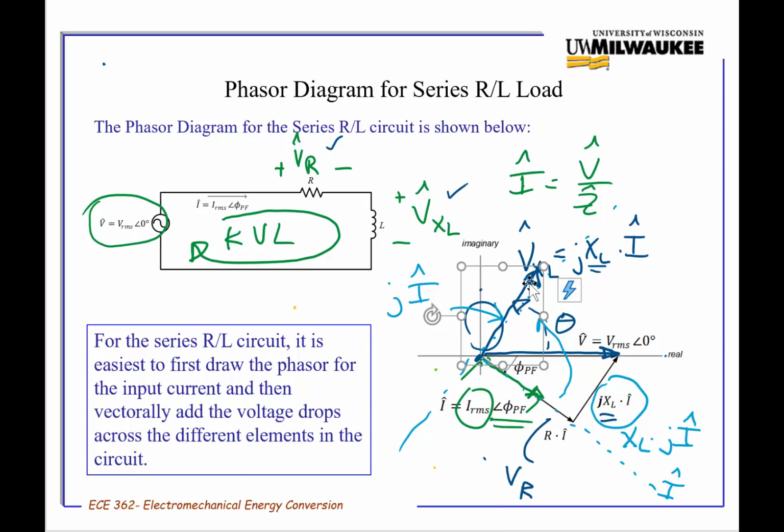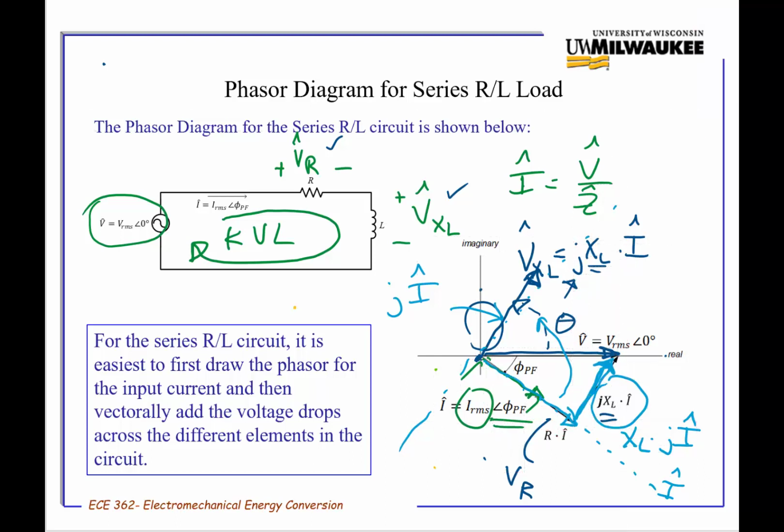That's jI, and then you scale it, multiply it by XL, to get it to the right amplitude. Move it over here to the end.